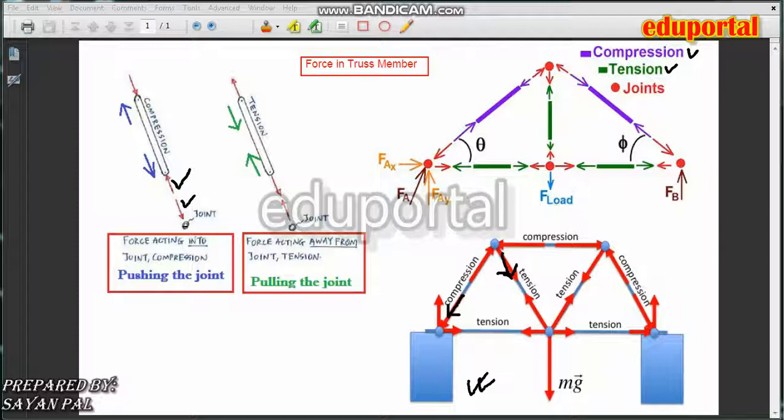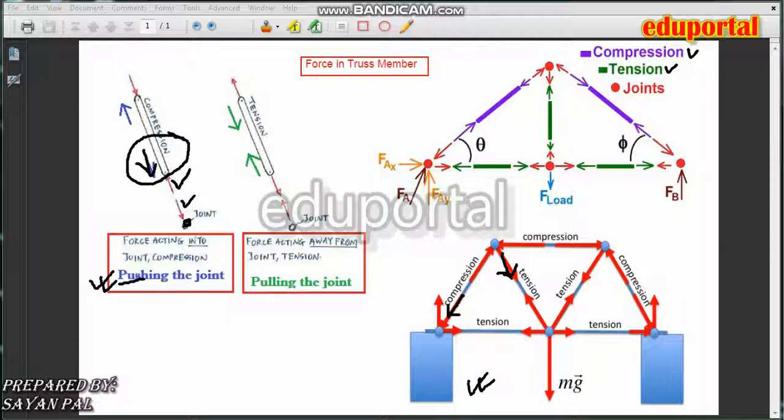To balance this internal force, there will be a force which is opposite to the direction of this force. So this internal force is the compressive force. So in the joint concept, if the member is pushing the joint, then the member will be subjected to compressive force.